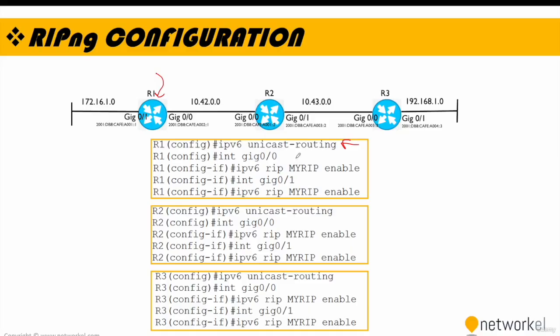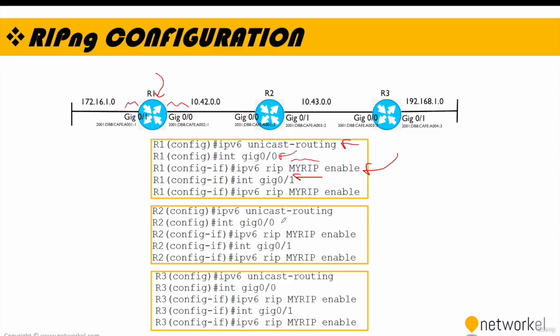If you want to enable IP version 6 RIP, you need to go to the interface level. For router 1, I have gig 0/0 and gig 0/1 interfaces. I need to go to these interface levels and run the RIP related command, IPv6 RIP, you define some name, and you type enable.